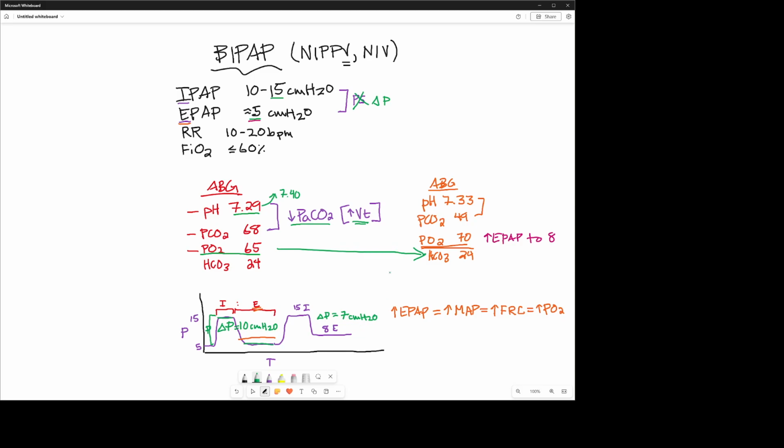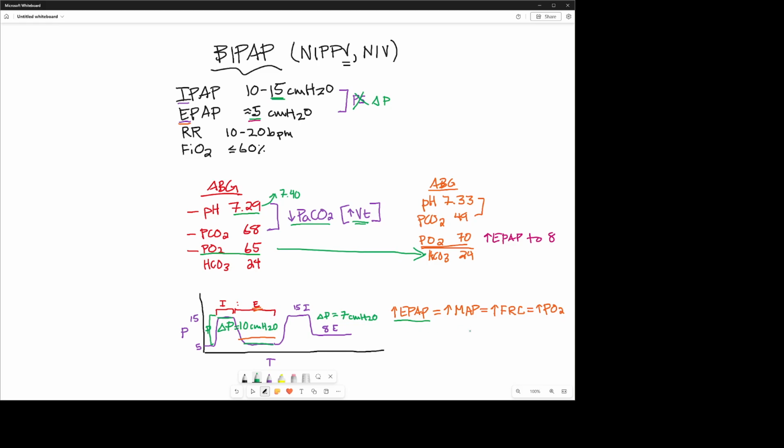So our tidal volume is going to be less than it previously was at these new settings. By making a change to one setting, the EPAP, and not taking into account that the IPAP is an absolute number, not a relative number, the change in pressure is now only 7 centimeters of water pressure, whereas it was 10 before, giving us a good ventilation status.